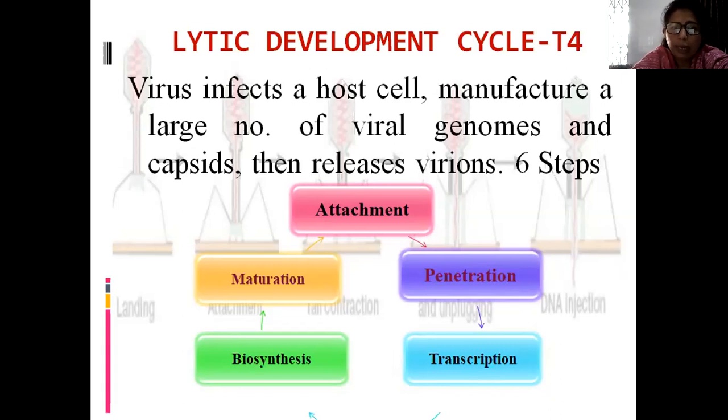The total lytic development cycle completes itself in 6 steps: the attachment, the penetration, the transcription, the biosynthesis, the maturation, and the release.